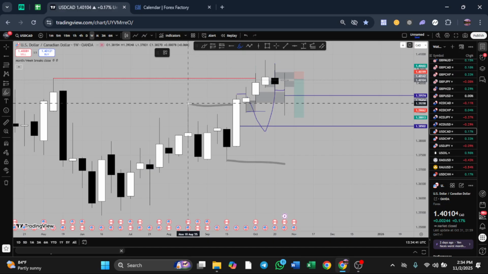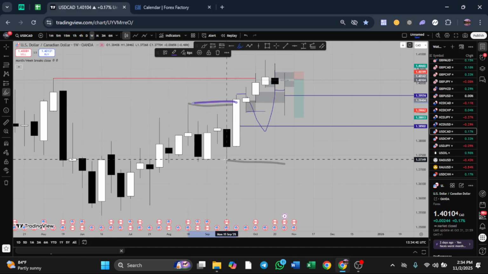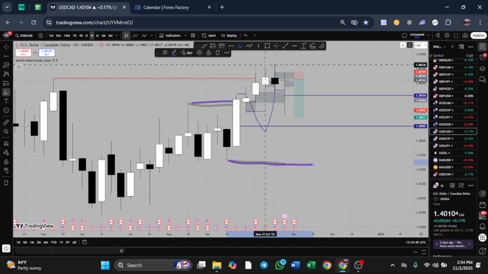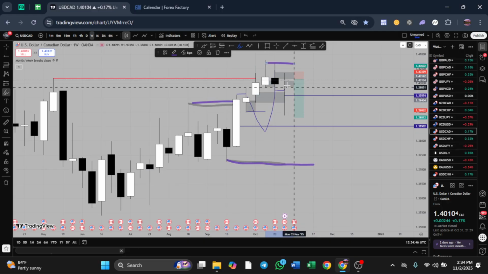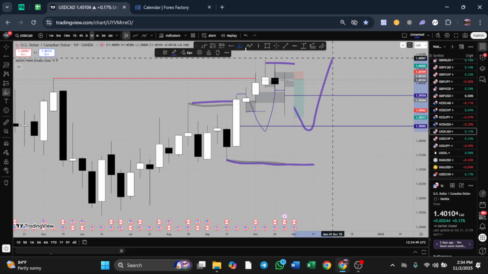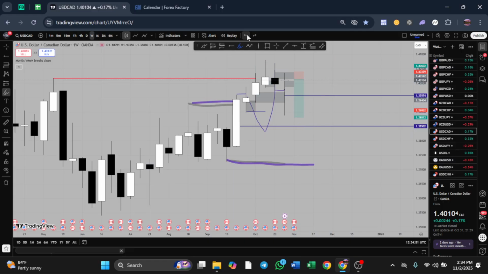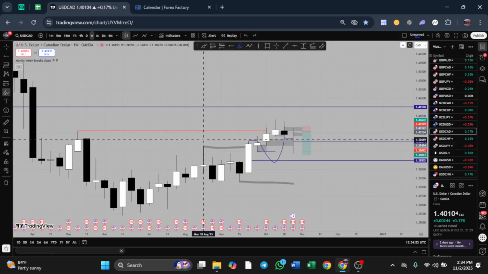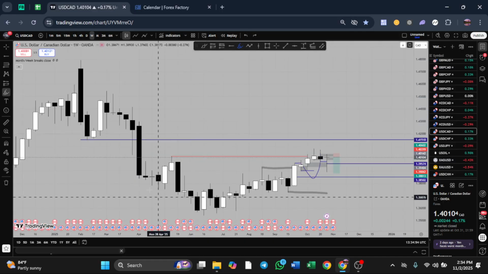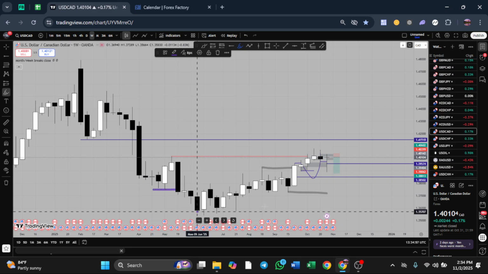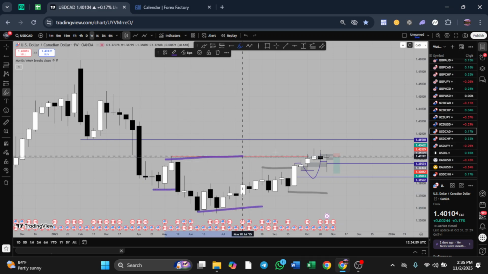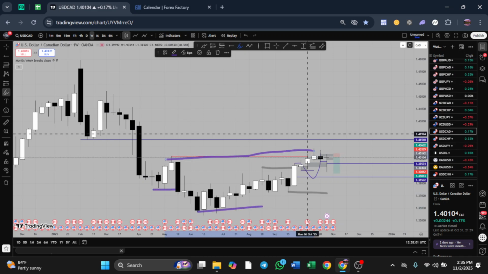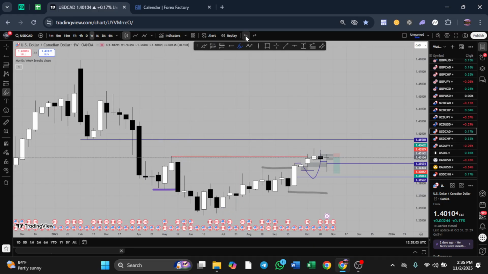This is a range, right? So if this is a range here, I expected it to continue this, but the issue here is that this was a range and it just got broken and did not close above this.